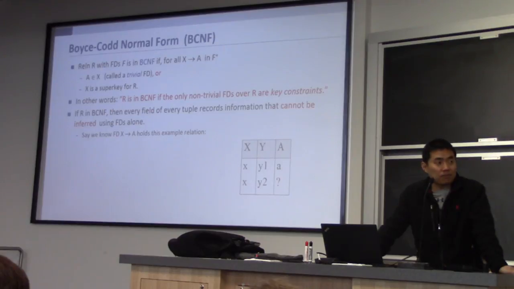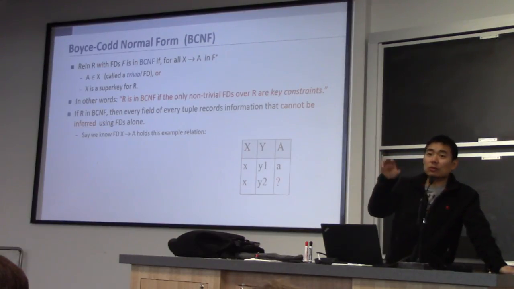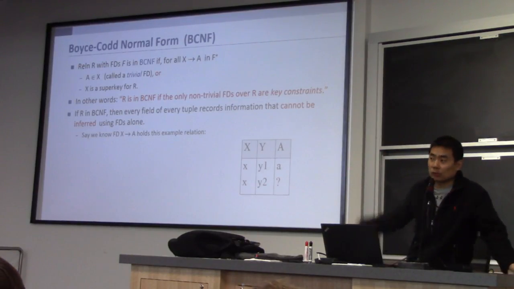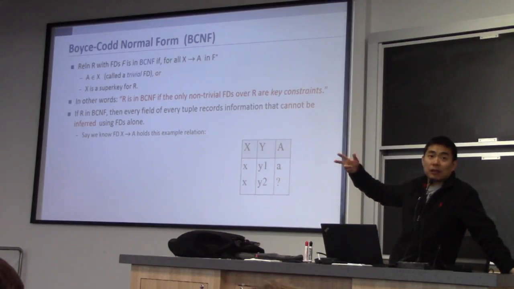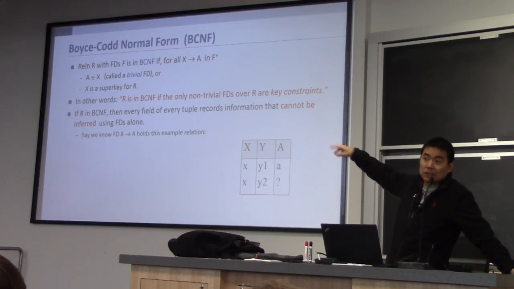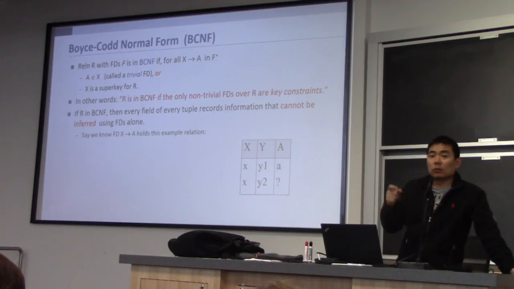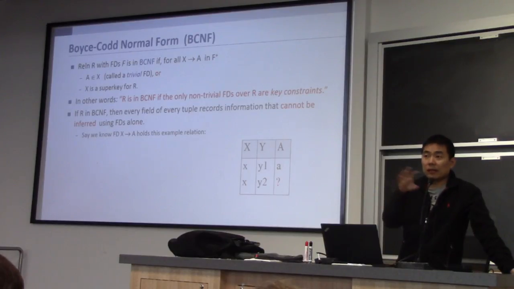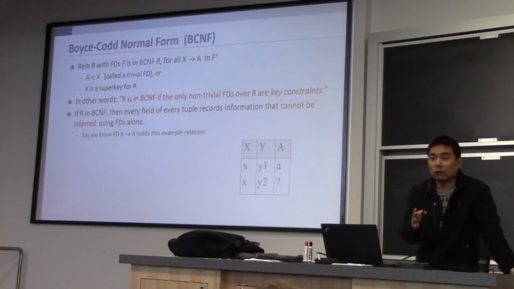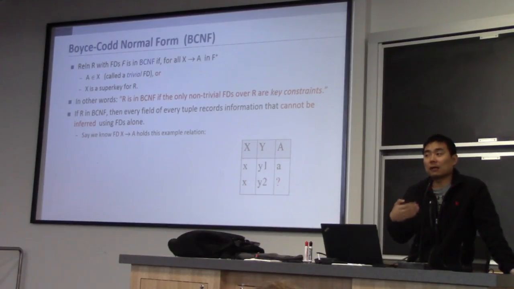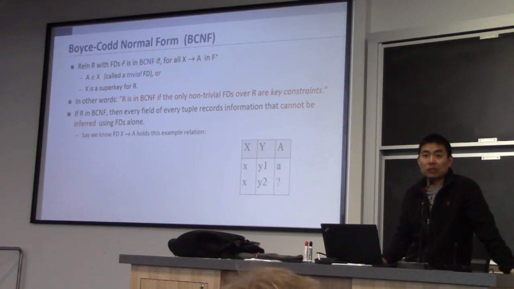So that's the key message you need to remember for BCNF, right? Of course, there are two ways you can understand BCNF. One is to memorize this definition and check it mechanically, one by one, against each function dependency. The other way is to understand that high-level intuition I have just said, which is it only allows key constraints, in the sense that by allowing only key constraints to exist over your schema, you have minimized the level of redundancies that can potentially happen in your instances.